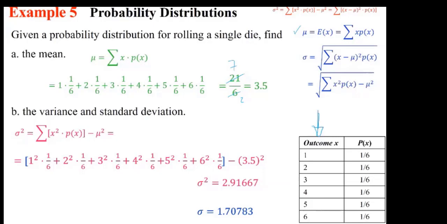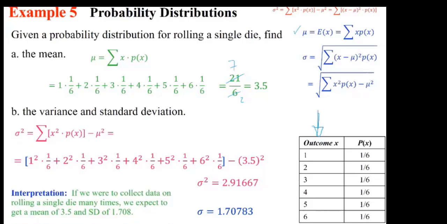If we were to collect data on rolling a single die many times, in other words, just keep on going, this is a general answer for mu for the population. If you do it enough number of times, it gets closer and closer to the population parameter. Then you have the expected value, the mean, to be 3.5.